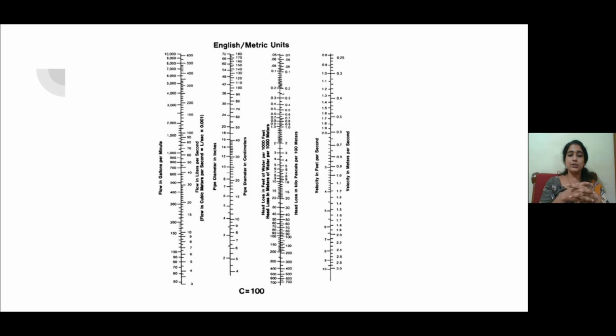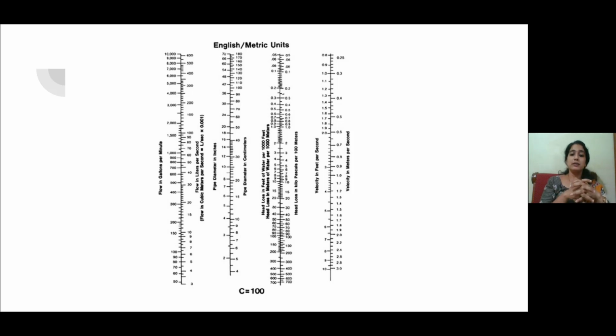In the third scale, you can see the head loss on both sides, that is head loss in feet of water per 1000 feet, and the same scale shows the head loss in meters per 1000 meters of length.